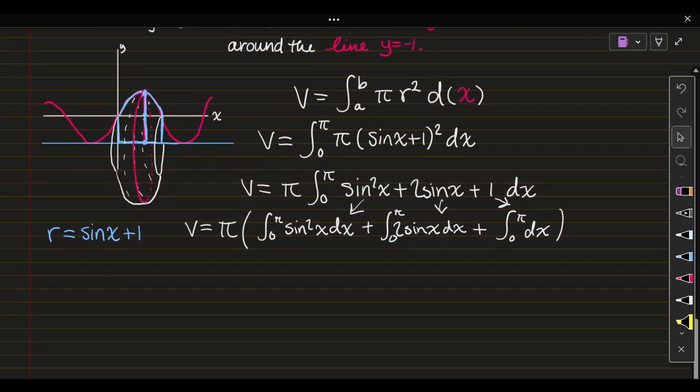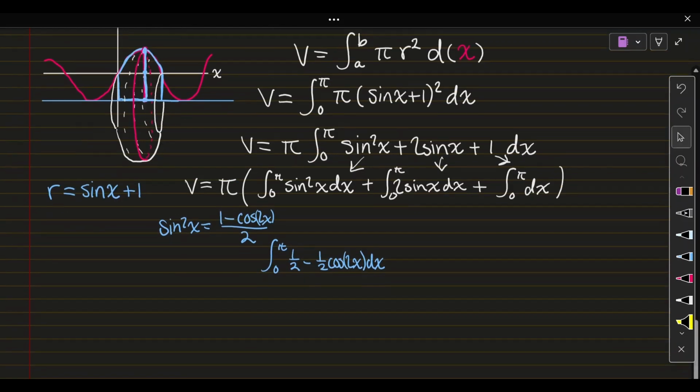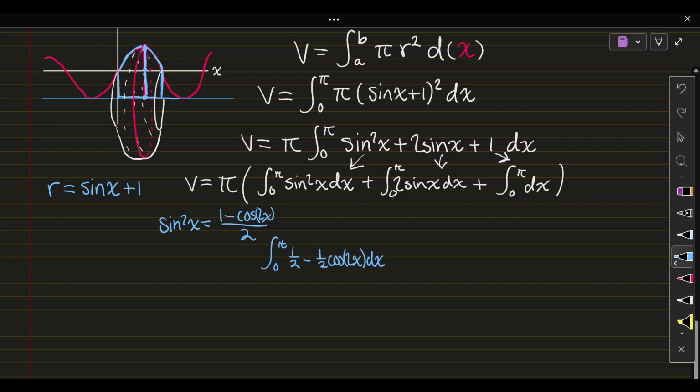Now for this leftmost one, I note that sine squared x equals 1 minus cosine 2x over 2. So this becomes the integral from 0 to pi of 1/2 minus 1/2 cosine 2x dx. So this then becomes the integral from 0 to pi of 1/2 dx minus the integral from 0 to pi of 1/2 cosine 2x dx.